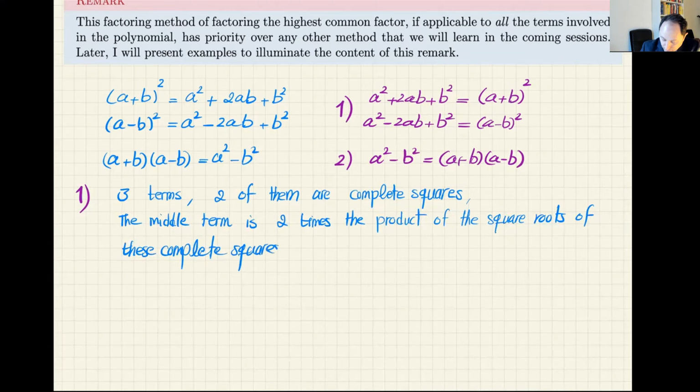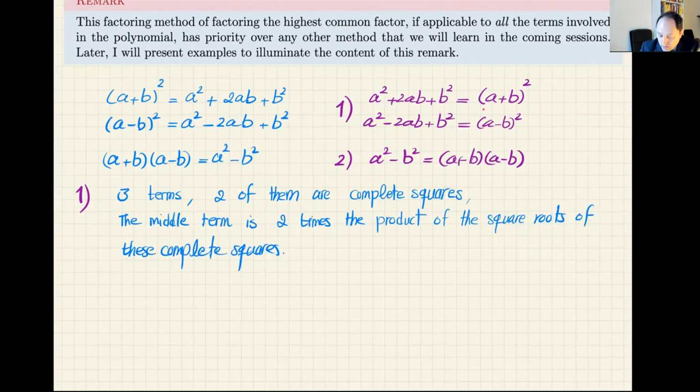Of course, you don't need to memorize these things, but you need to have this in mind. By the way, a polynomial having 3 terms is called a trinomial. A polynomial consisting of 3 terms.